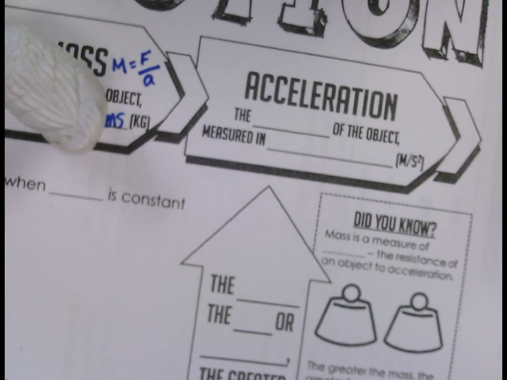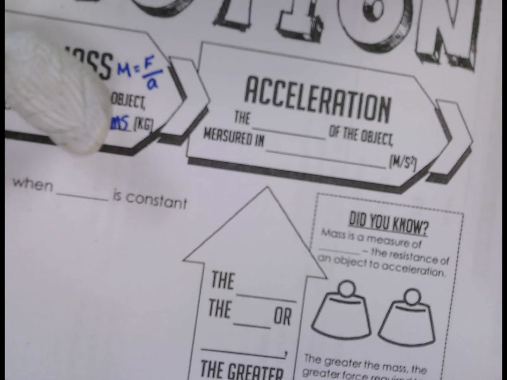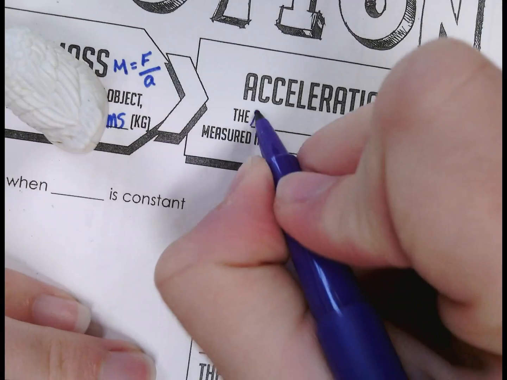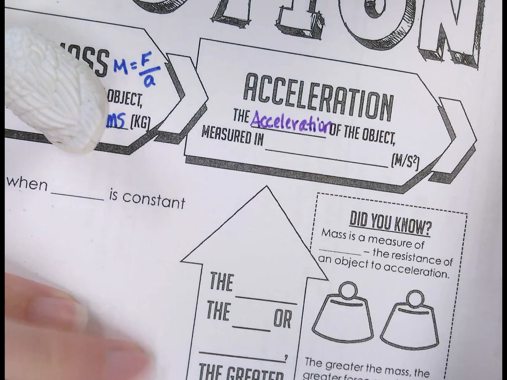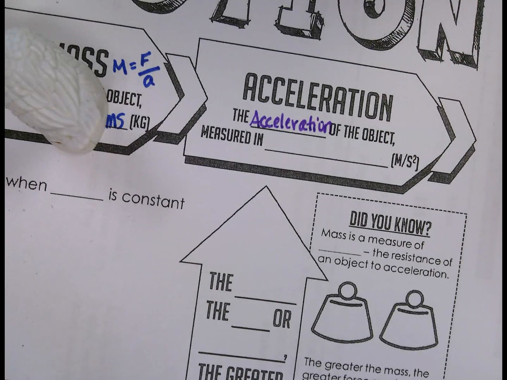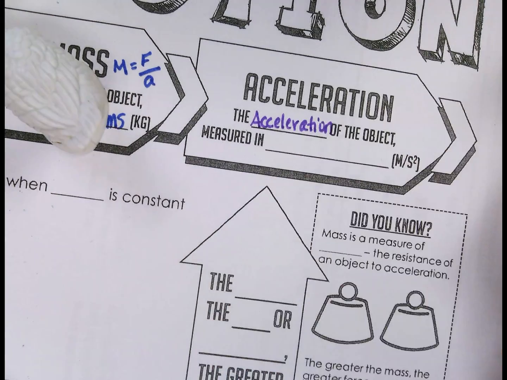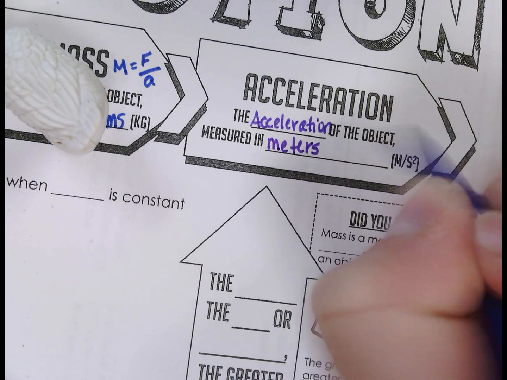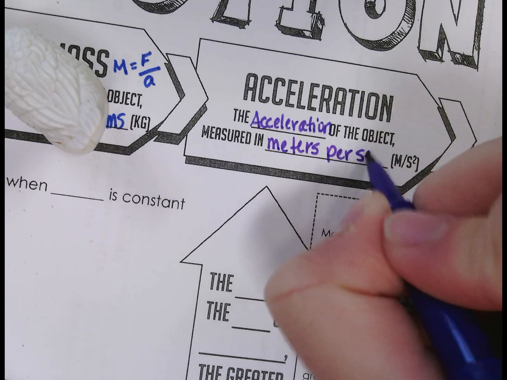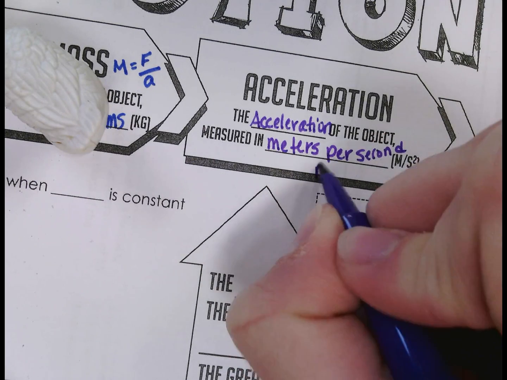All right, so acceleration. The acceleration of an object is measured in meters per second per second. So you will have to measure it in meters per second per second.